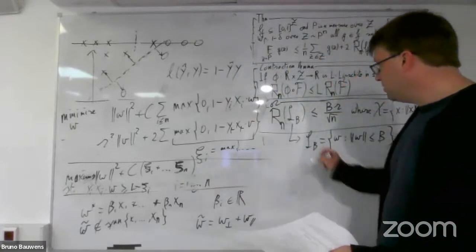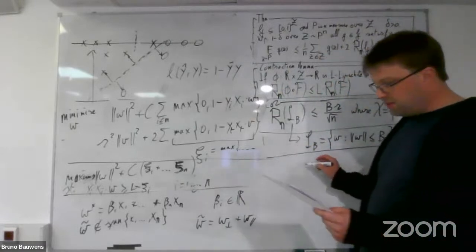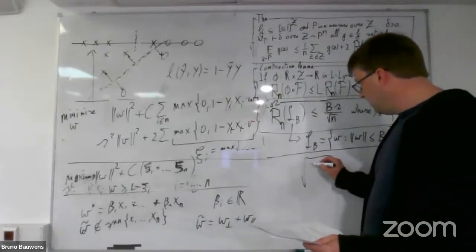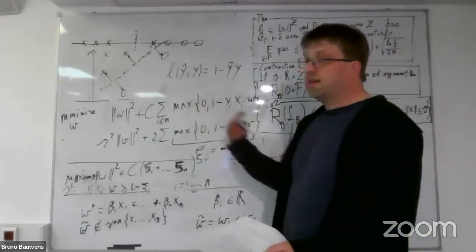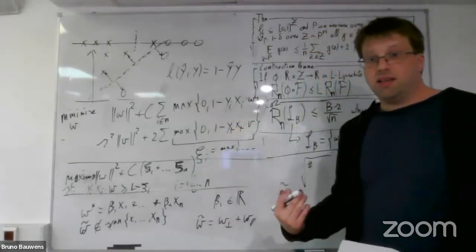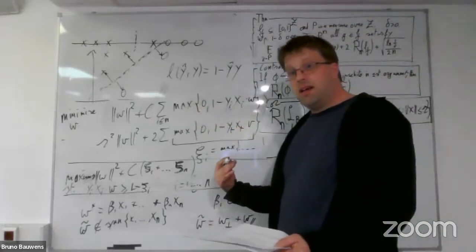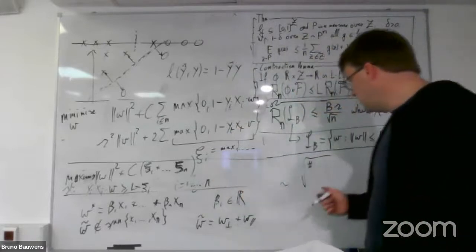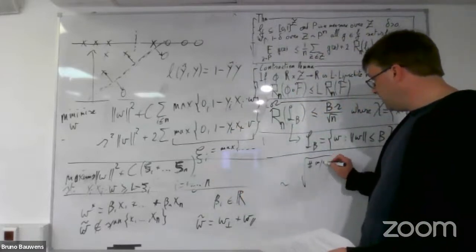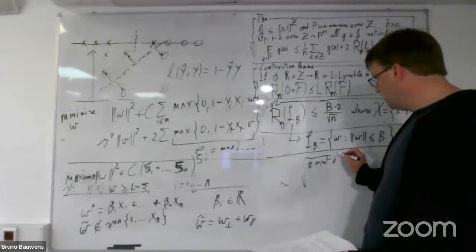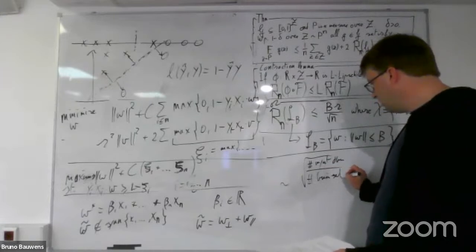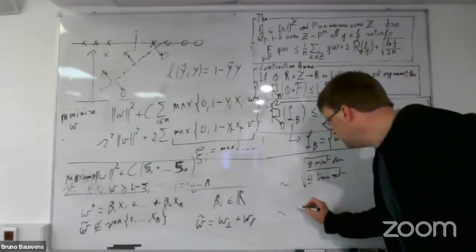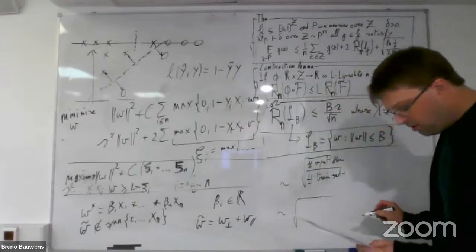If we used VC dimension, then our risk bound would be something like: the excess risk, which in the agnostic setting is the risk of our classifier minus the best classifier, would be proportional to the square root of the input dimension divided by the size of the training set.